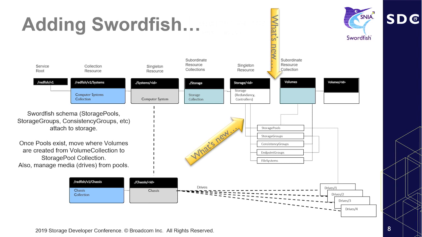In version 1.0.x of Swordfish, everything in all of the Swordfish schema, the pools, groups, consistency groups, and everything was attached exclusively off of storage services.